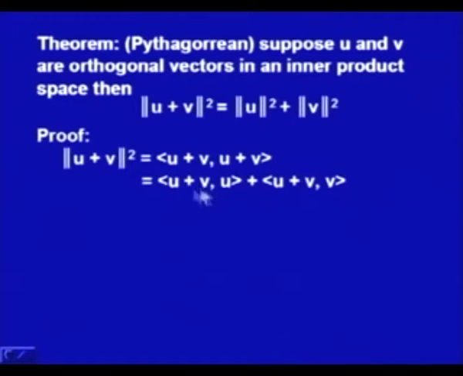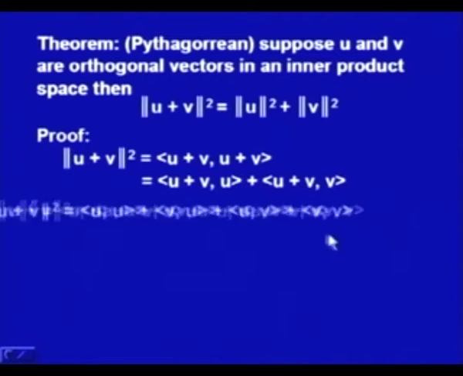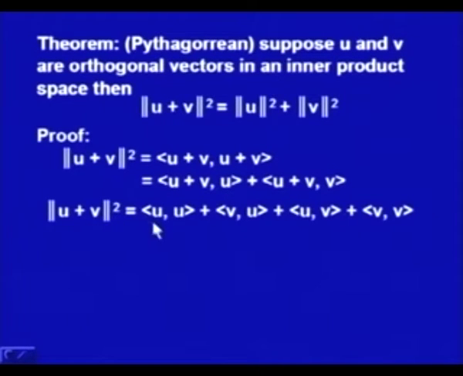We apply the property of inner products: u plus v comma u plus u plus v comma v. Again applying the same property, this is u comma u plus v comma u plus u comma v plus v comma v. That means this is nothing but the norm of u squared plus v comma u plus u comma v, and finally plus the norm of v squared.